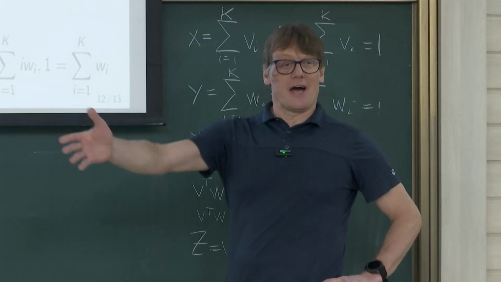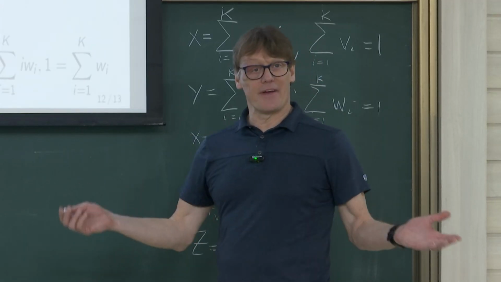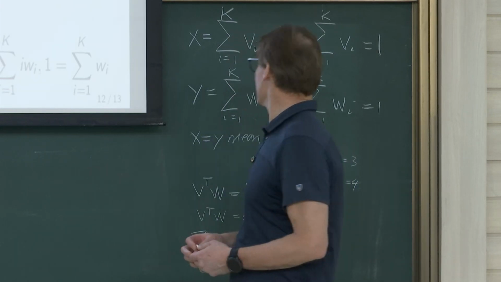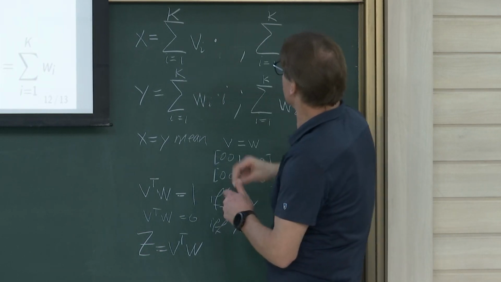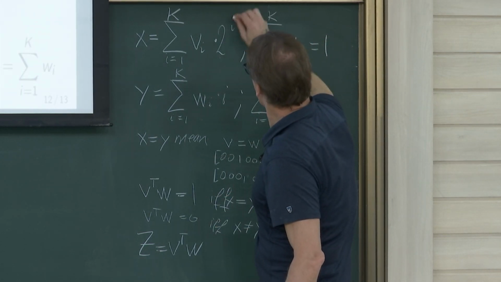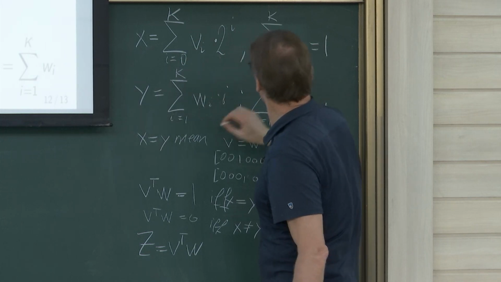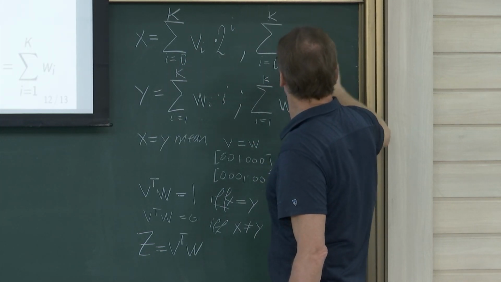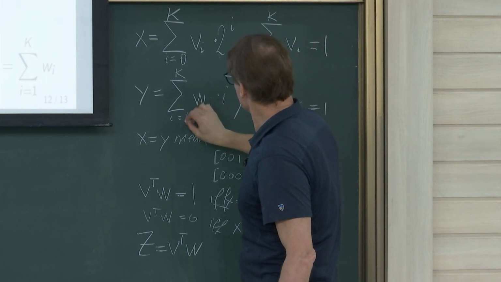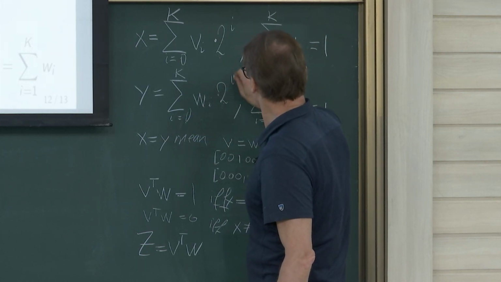Right. So Pietro asked if K is very large, should we use a binary expansion? So instead of Vi times I, we use Vi times 2 to the I, and we go maybe from 0 to k. And we can use the same here.